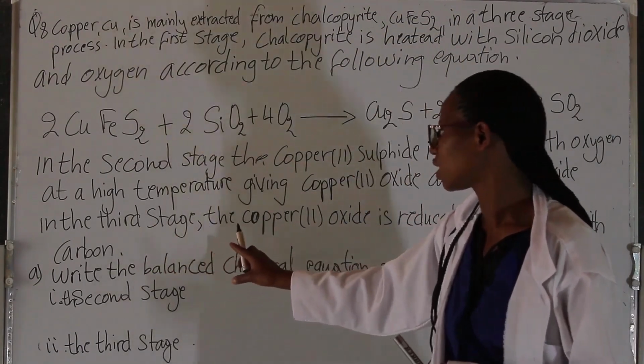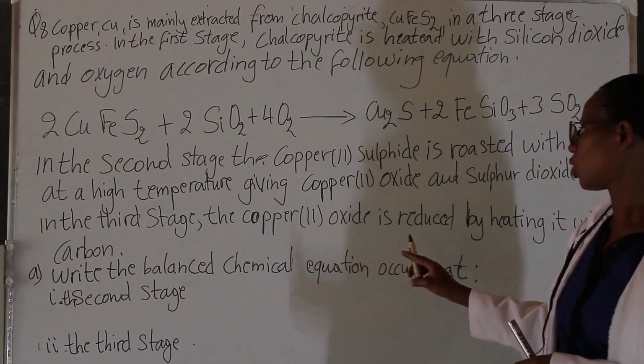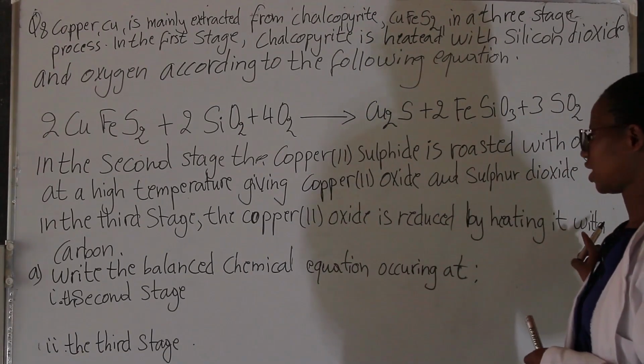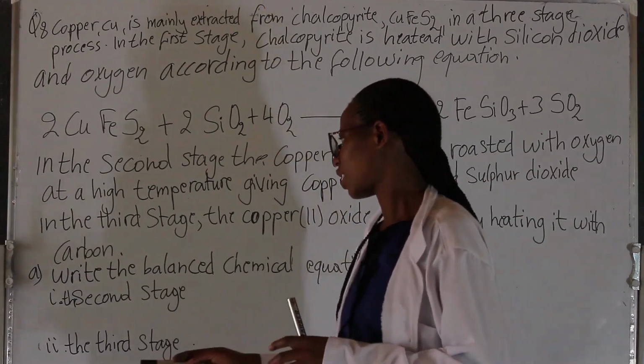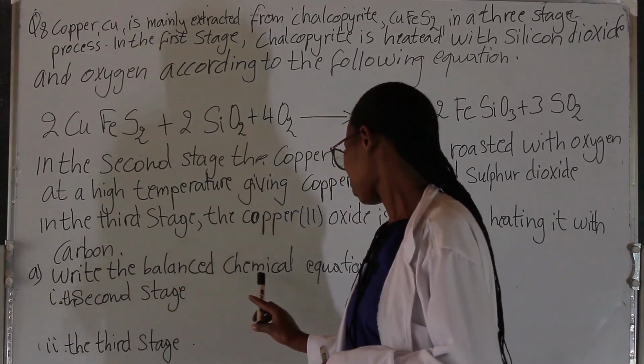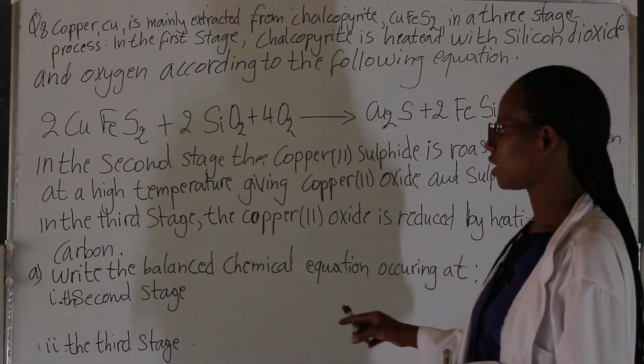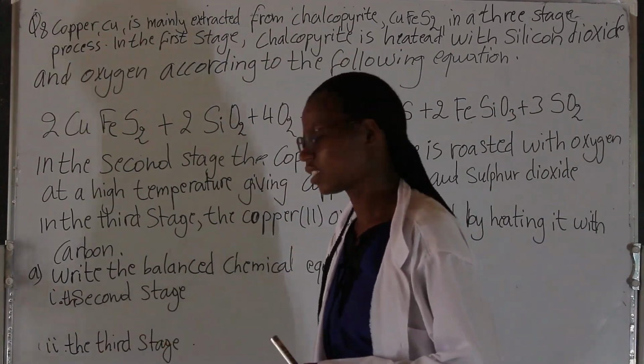In the third stage, the copper 2 oxide is reduced by heating it with carbon. Question number 8. Write the balanced chemical equation that occurs at the second stage.